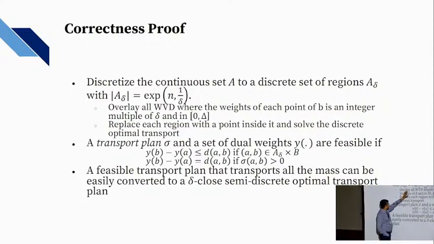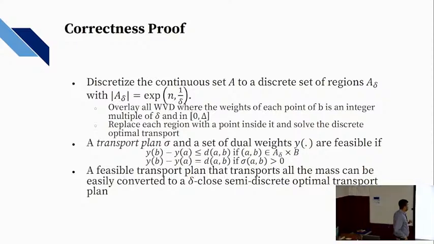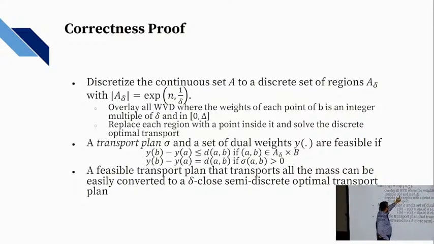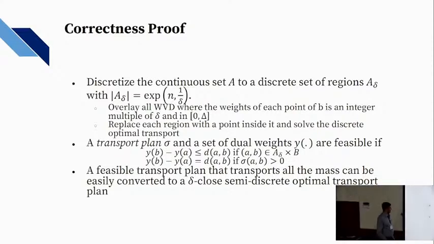One way to do that is we can basically assign weights to the points of B with the following restriction: the weights have to be integer multiples of delta and between 0 and the diameter, right? So we try out all possible weight vectors with this property.